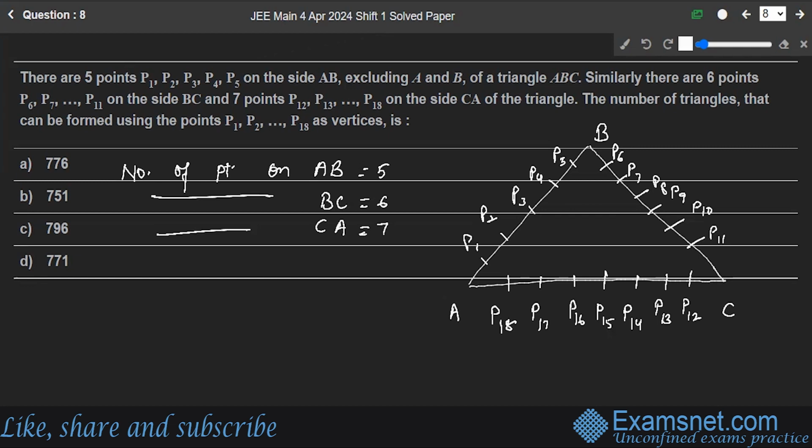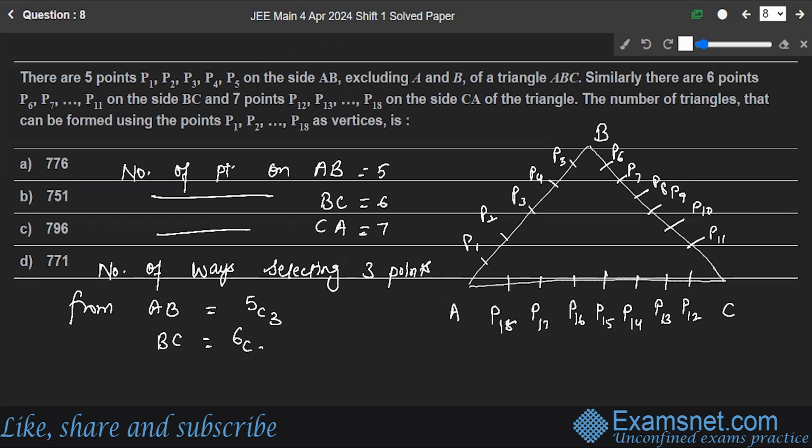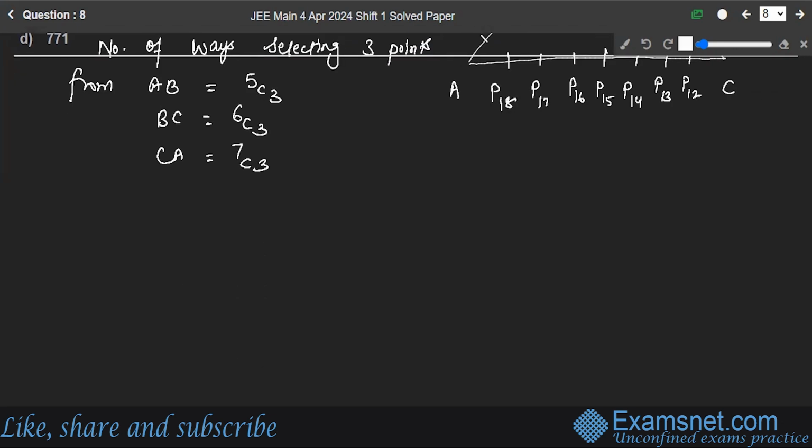Now, number of ways of selecting 3 points from AB is equal to 5C3. From BC, 6C3. CA, 7C3.